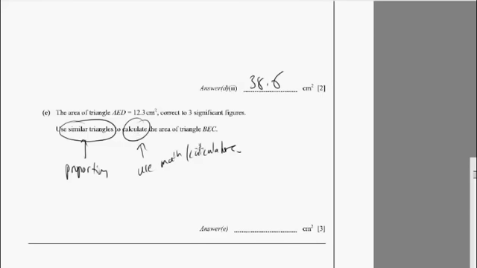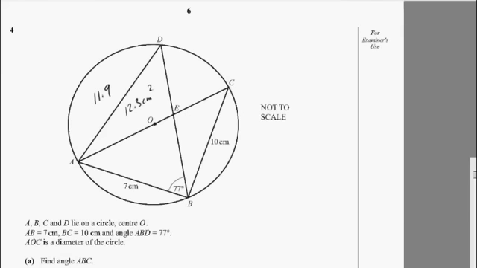Okay, so I'm going to go back to the other diagram to show you how to do this question. Now, out of all the questions in this particular circle theorem style question, I believe E is actually the one that requires more intuition and more problem solving skills.